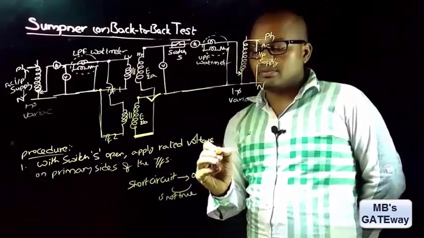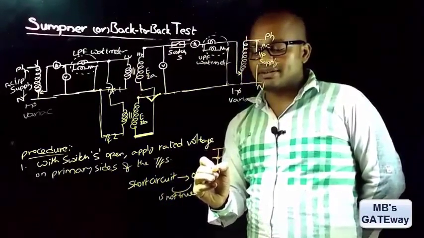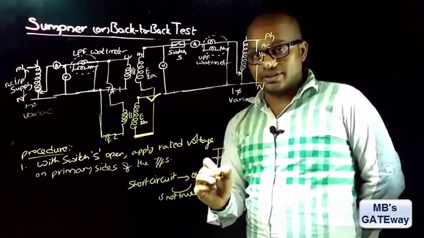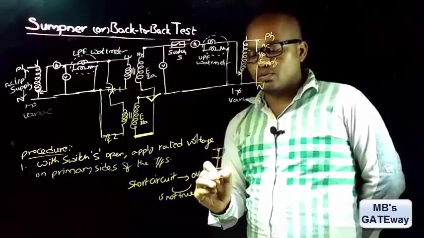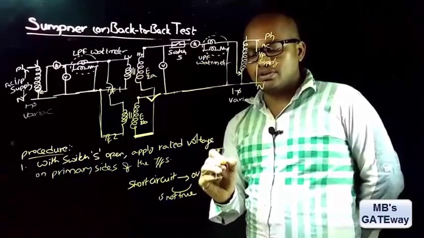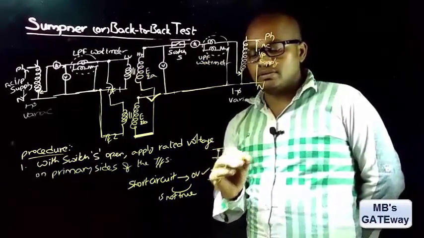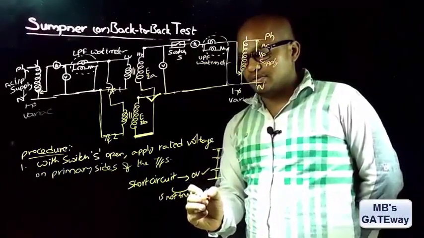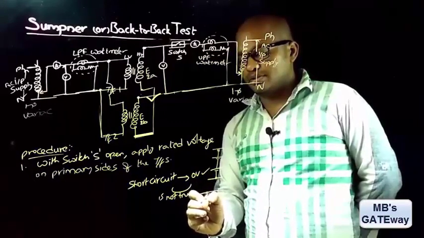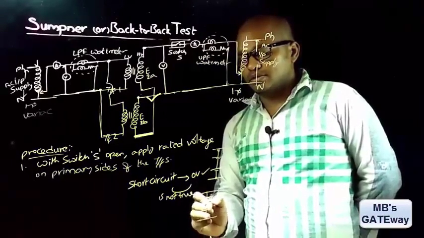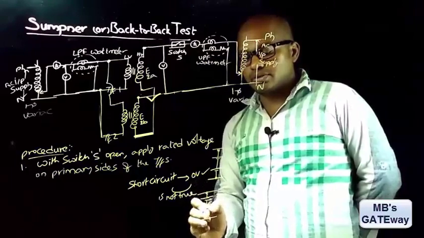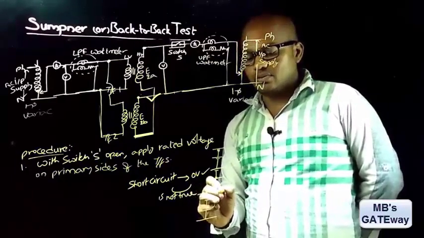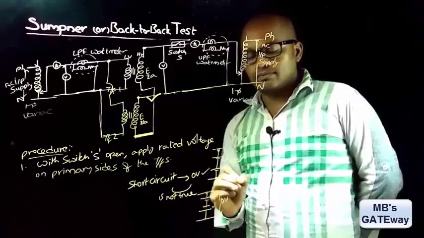Suppose you are connecting two batteries like this, so these two are connected in series, and if you measure the voltage from this point and this point, the resultant voltage will be 2V. But if you measure the voltage between these 2 points when these two sources are connected like this, then the voltage is 0.